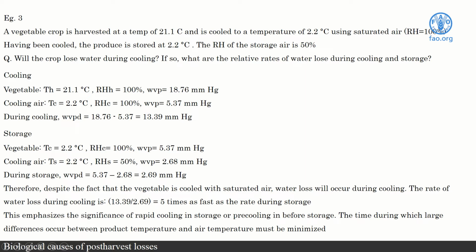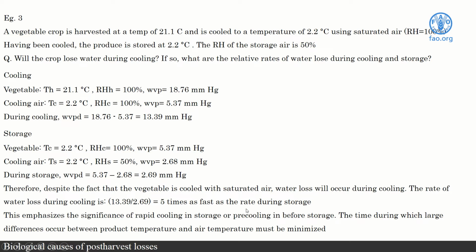Therefore, despite the fact that the vegetable is cooled with saturated air, water loss will occur during cooling. The rate of water loss during cooling is 13.39 over 2.69, about 5 times as fast as the rate during storage.